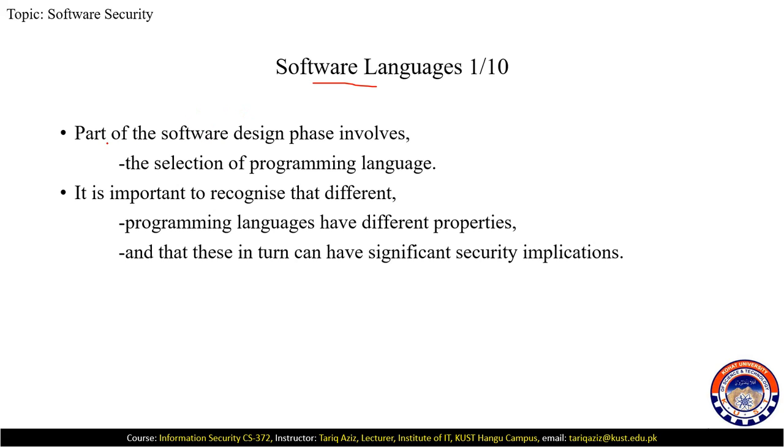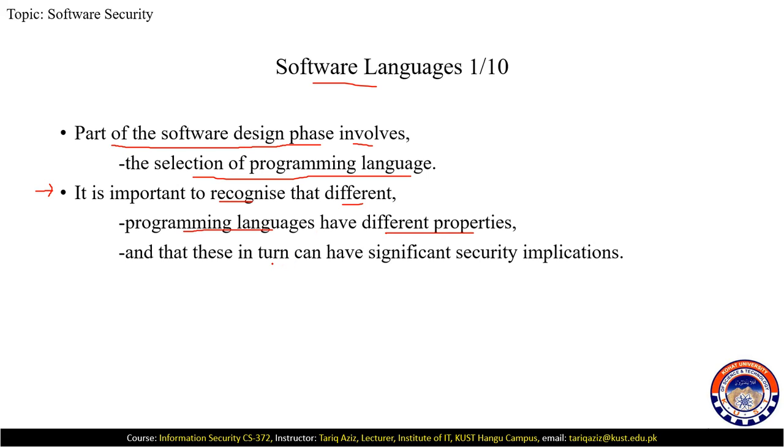So it says here that part of the software design phase involves the selection of programming language. Now, dear students, it's very important, being a programmer, that we should recognize different programming languages, and accordingly we should recognize different properties or features of these programming languages.